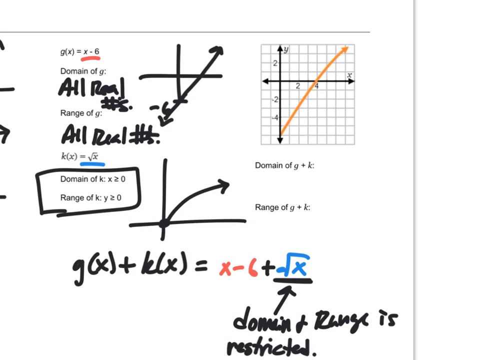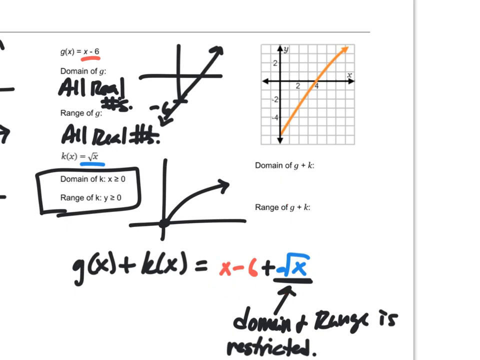All of a sudden, just because you added this equation here of x minus 6 to this other function, the square root of x, this was all real numbers, but because this new part, the domain and range is restricted, it kind of screws up the rest of the graph, and it changes the domain and range, okay? So basically, when you combine functions, that also changes the domain and range of the combined function, of this new function, all right?